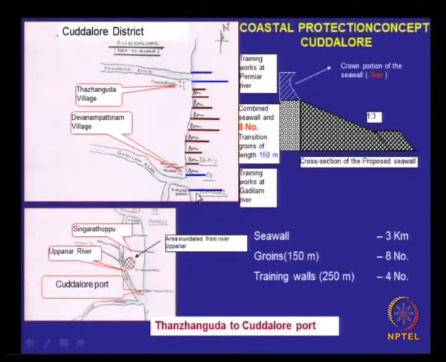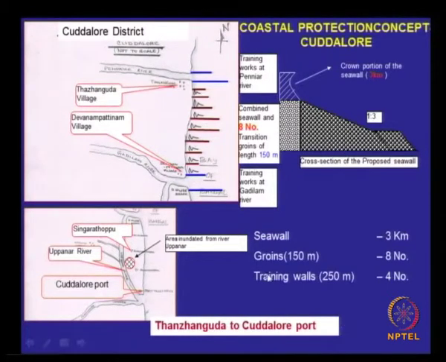The initial idea was to train this river so that the sandbar formation is removed, and then both rivers are free, so that they do not have the stagnation problem and the associated sandbar formations. In between them we have a transition groin field, and also associated with a bund like this, a seawall. All these things are only a conceptual design, but the detailed design has to be worked out.